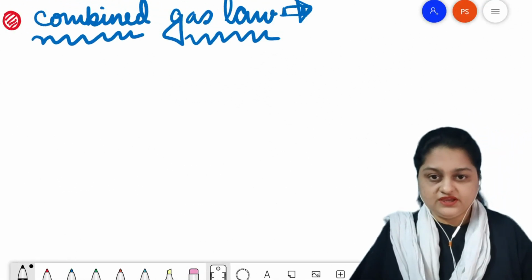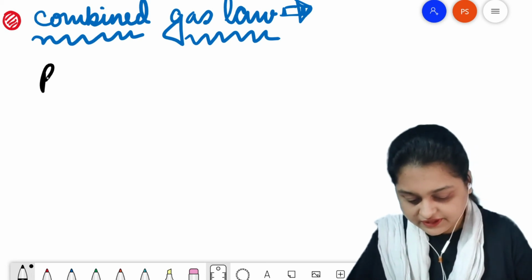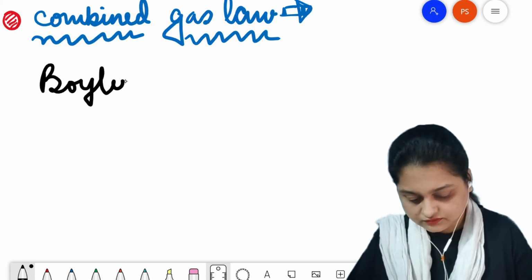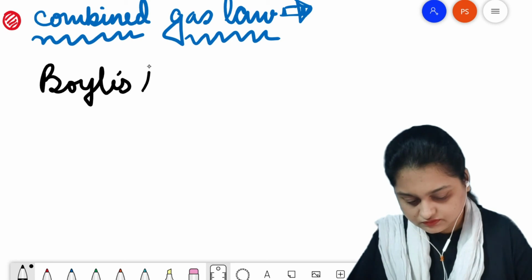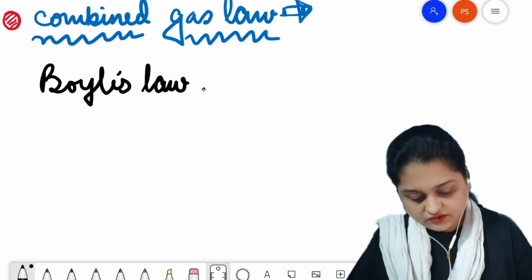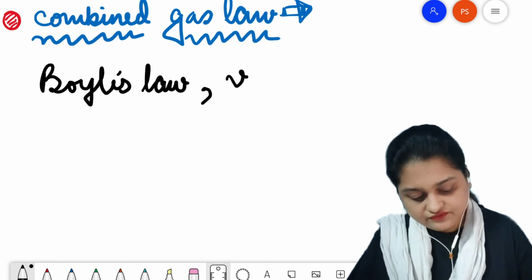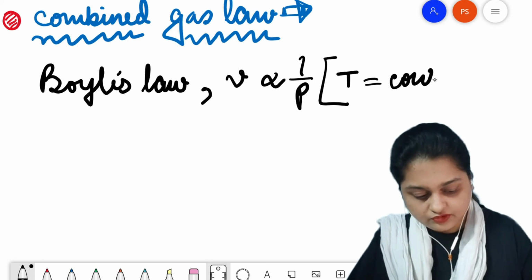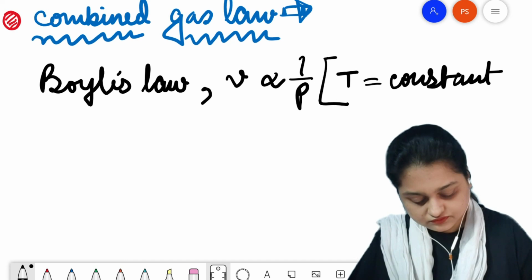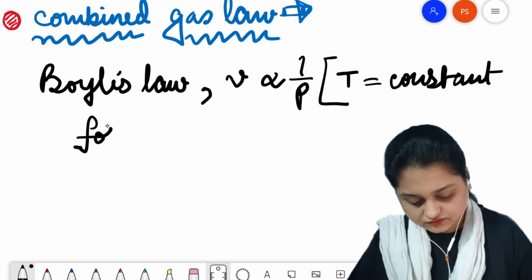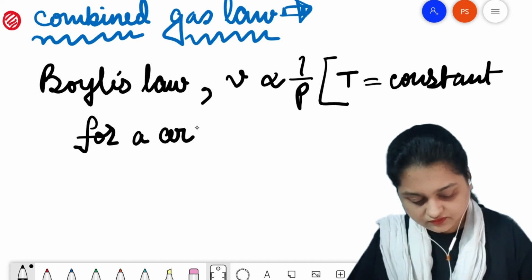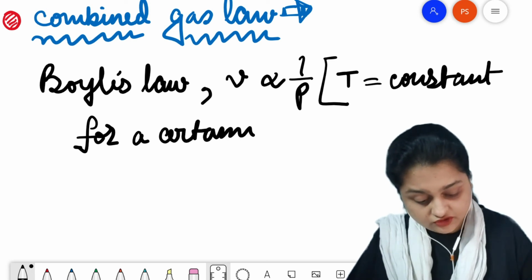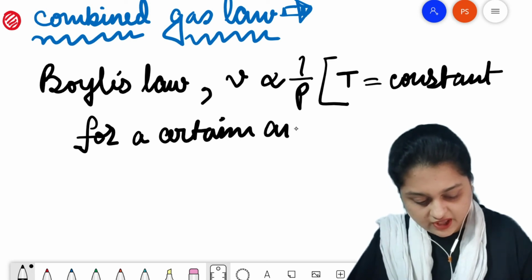The mathematical statement of Boyle's law is saying that V is proportional to 1 by P when temperature is constant for a certain amount of gas.